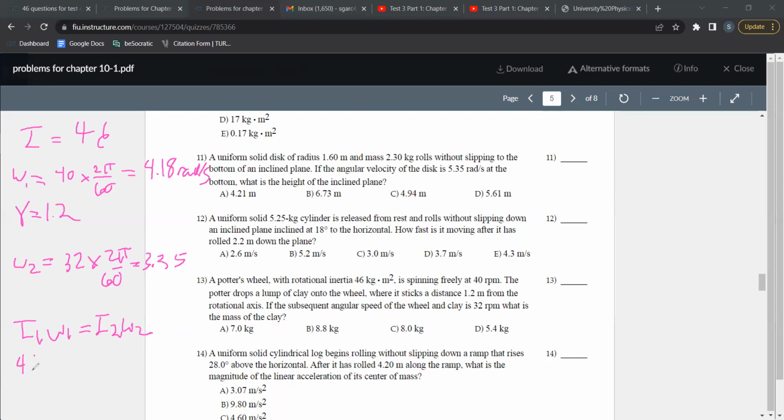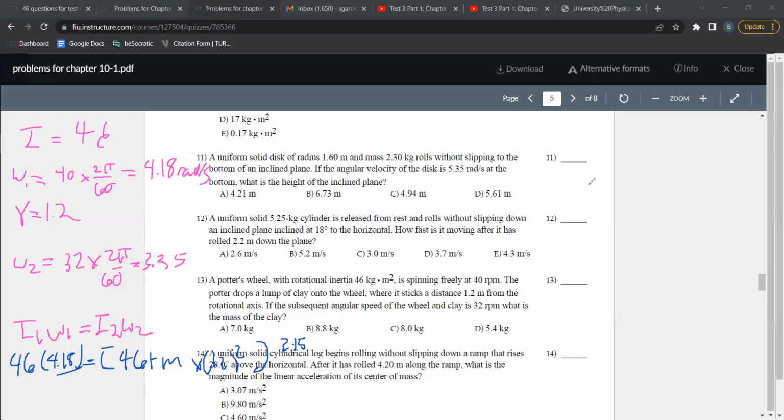We have 46, I'm going to use a different color, it's too much pink. 46 times 4.18 is equal to, in parentheses, 46 plus m times 1.2 squared, outside, 3.35.